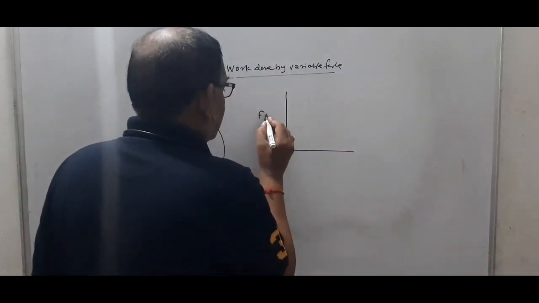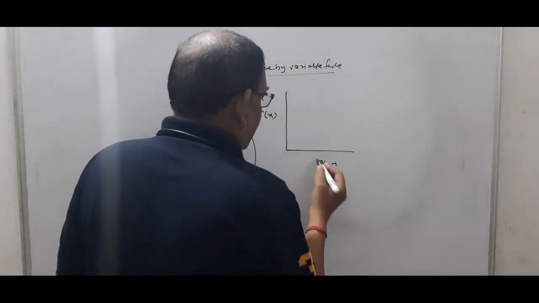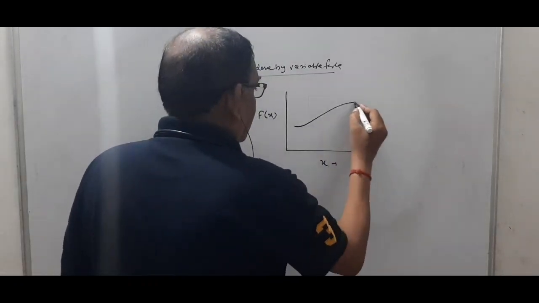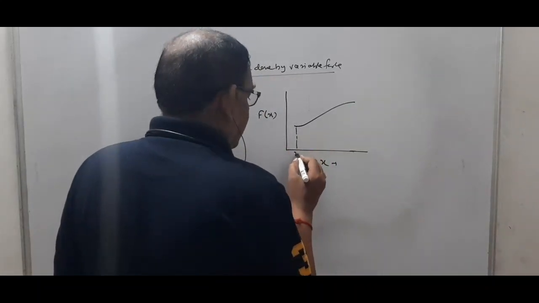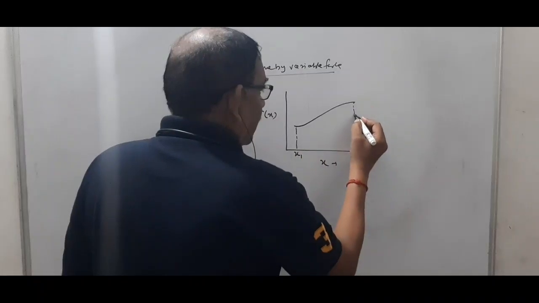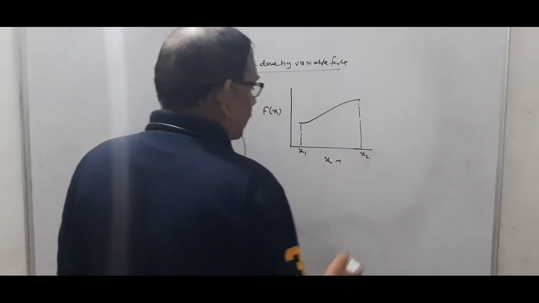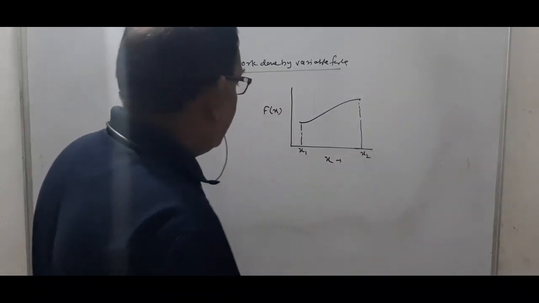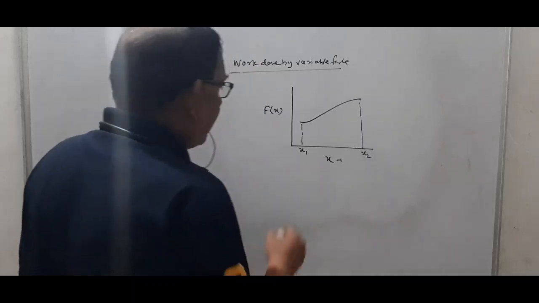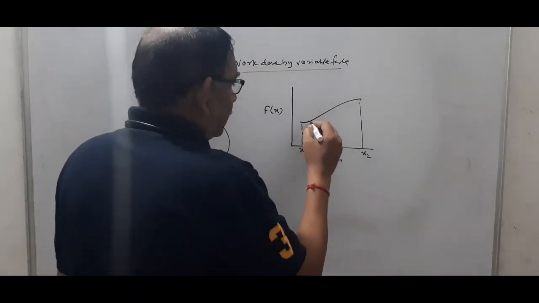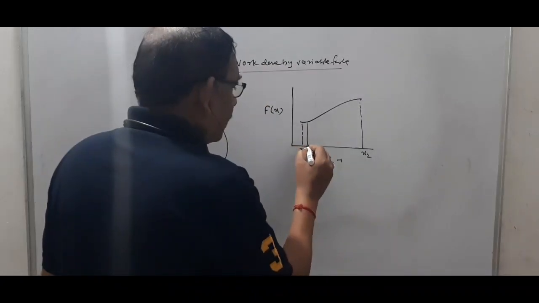It is a variable force and a displacement. Okay. The initial value, and this is your final value. We take x2. Clear? In order to calculate the work done by the variable force, we have to divide this area into equal widths, like this.